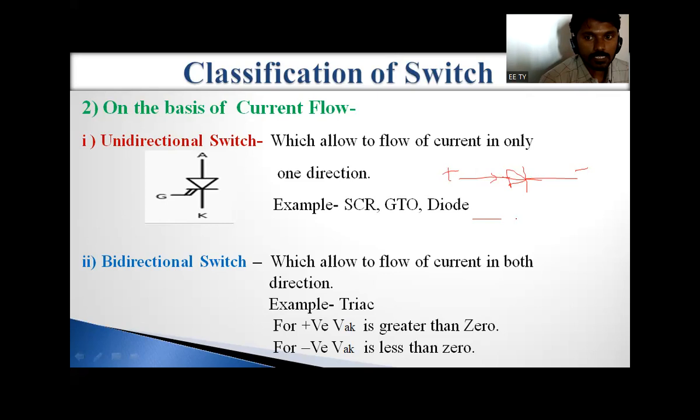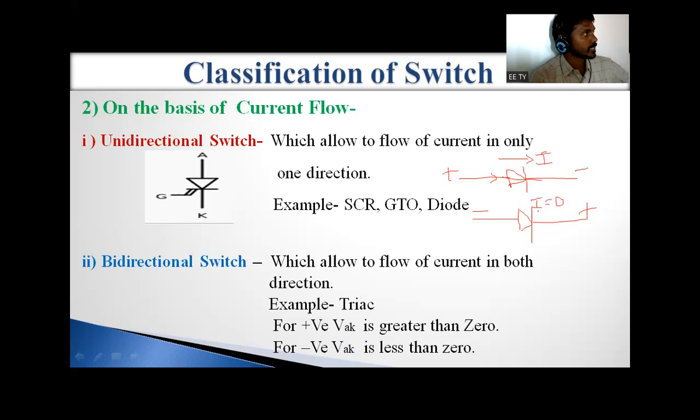Next, same case, if cathode is positive, anode is negative, then what will happen? Whether the current is flowing? Okay, there is no chance for current to flow in reverse direction. Okay, so I is equal to 0.